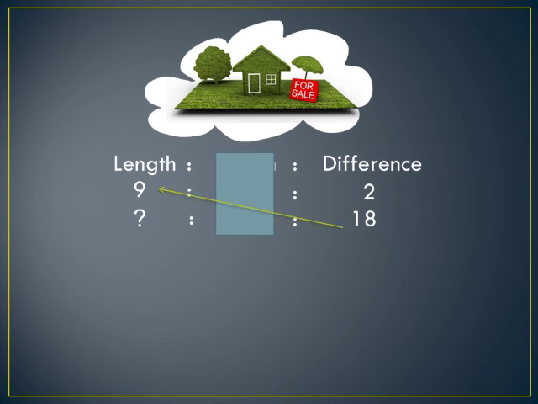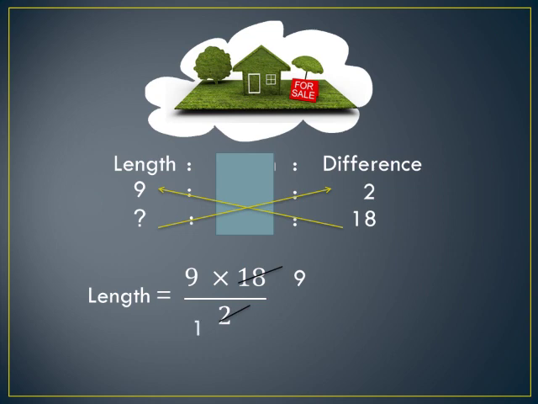After to get the length, we hide width. After that, make scissor. Length equals 9 by 18 over 2. Okay, simplify. Divided 2 equals 1. Divided 2 equals 9. 9 by 9 equals 81 meters.